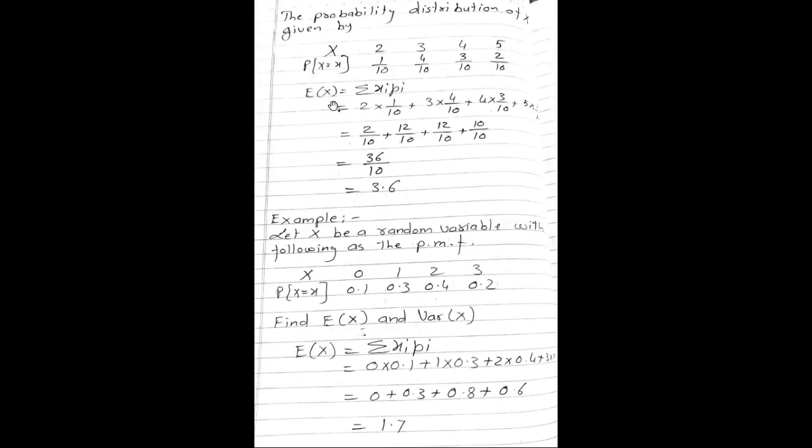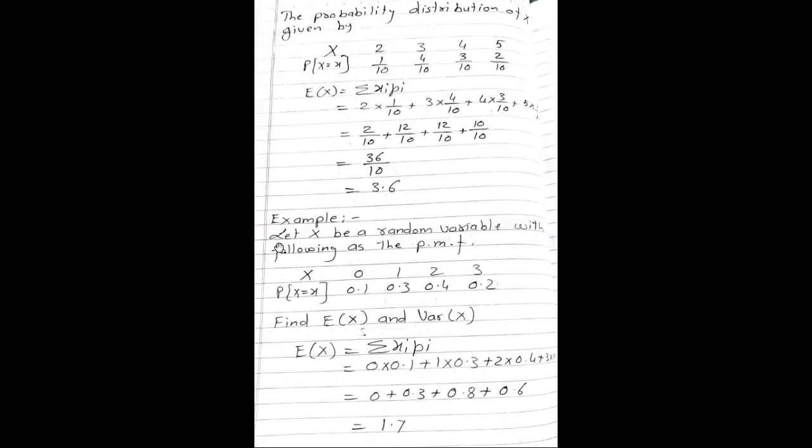Then find expected value of x as summation xi pi, which can be written as 2 into 1 by 10 plus 3 into 4 by 10 plus 4 into 3 by 10 plus 5 into 2 by 10. So which is nothing but 2 by 10 plus 12 by 10 plus 12 by 10 plus 10 by 10. So that becomes 36 by 10. So the answer is 3.6.